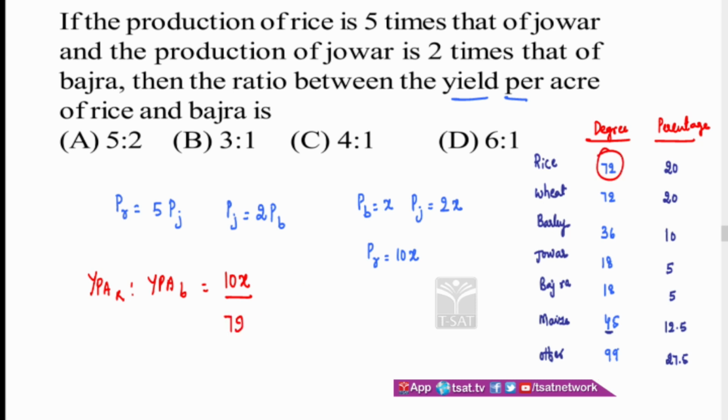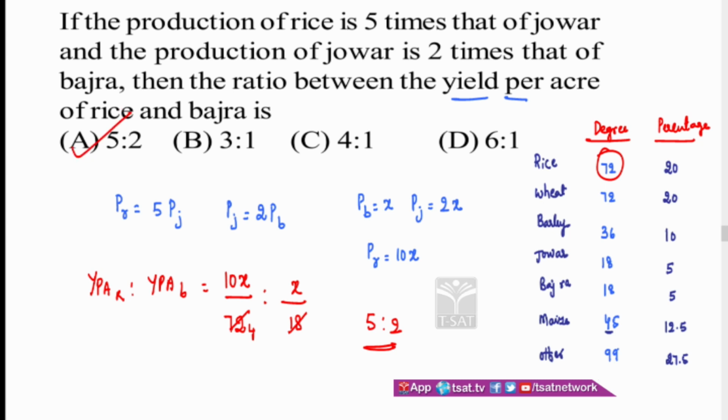I am not converting it into acres, let it be, it is in the ratio, so no need of conversion there. So production of bajra is x we assumed, let it be x. What is the land used for bajra? Bajra is 18 degrees. Cancel 18 by 4s. So you got 10:4, which, if you simplify it, is 5:2. So the final answer is 5:2.